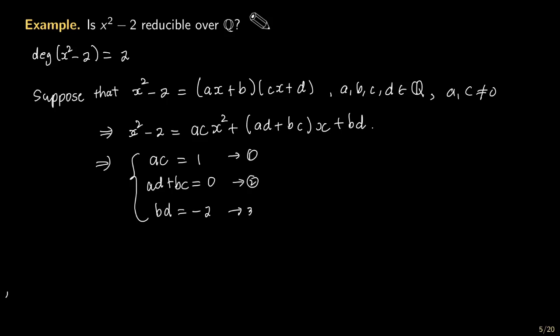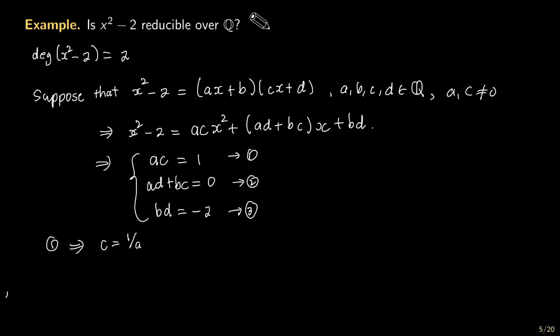For example, equation 1 implies that actually c is 1 over a. Remember that a, b, c, and d are rational numbers. Now here, by the way, a is not 0 and c is not 0, otherwise these factors will be constant, and we don't want that over a field, right?